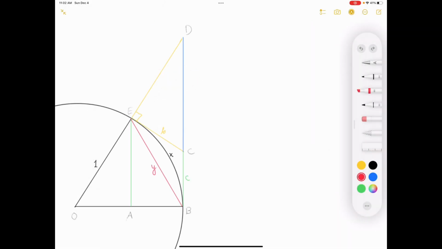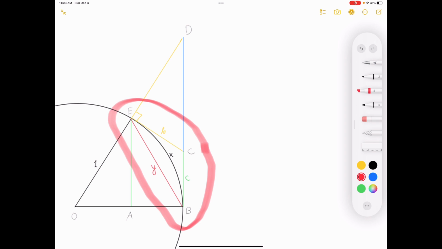So let's now apply these considerations to our situation. Here on the picture, you have the unit circle, which is centered at the point O. And in this unit circle, we draw an angle BOE. And first of all, note that right here, we have the exact same situation that we just considered. We have the arc of the circle, whose length is x.